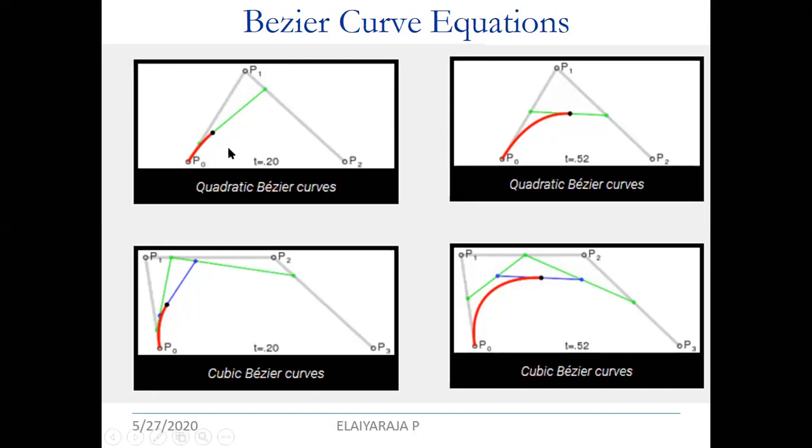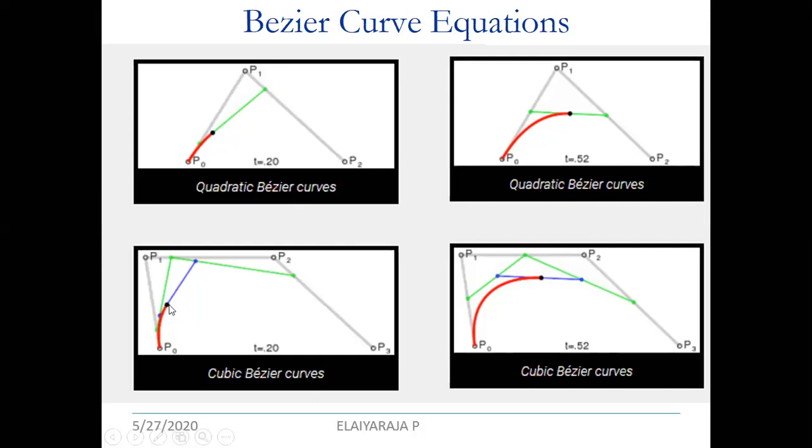And you can see similarly for the cubic Bezier curve, which has 4 control points, P0, P1, P2, and P3, at time point 0.2 the curve is here, at time 0.5 the curve is here, and at t equal to 1 it reaches the destination. Similarly, with respect to the cubic Bezier curve, t equal to 0.2, t is nothing but your u value.